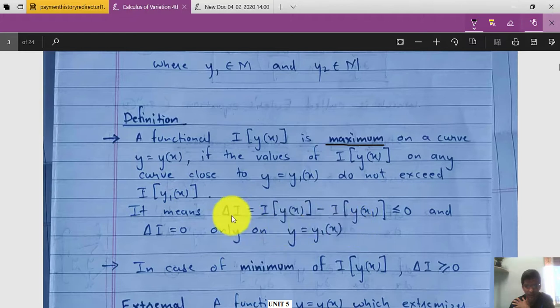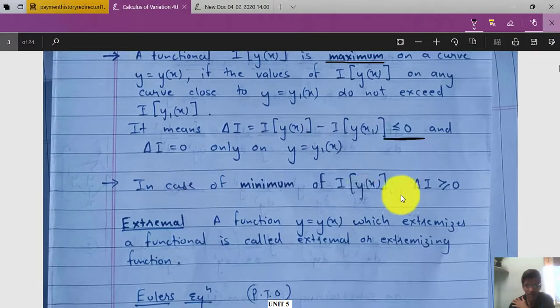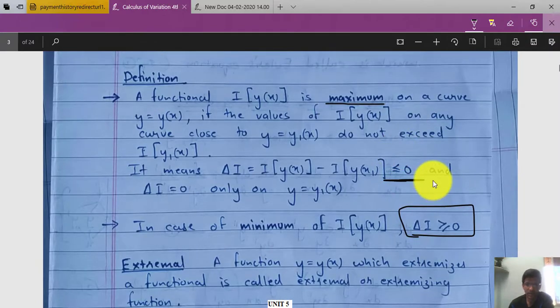It means that the difference, delta of I, which is the functional I of y of x minus I of y1 of x, is less than or equal to 0. For the minimum case this turns out to be delta of I greater than or equal to 0. Fine. They might ask you this in a quiz.